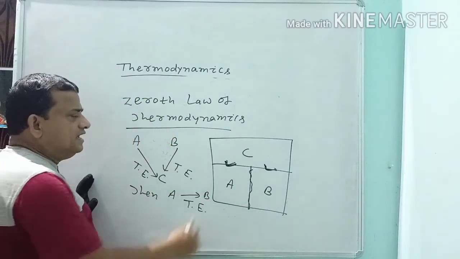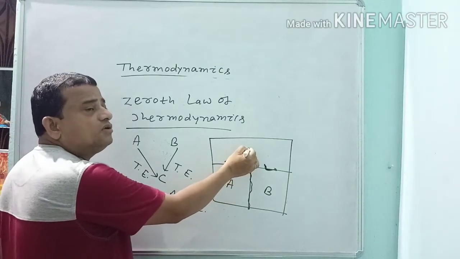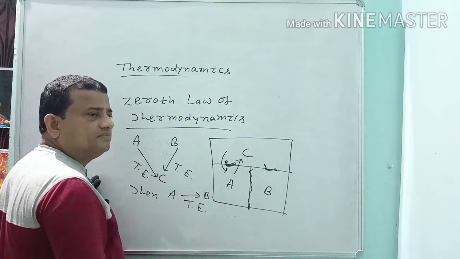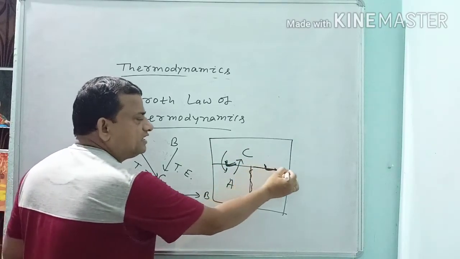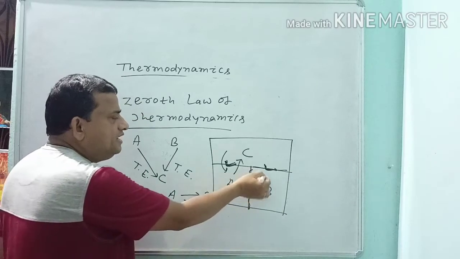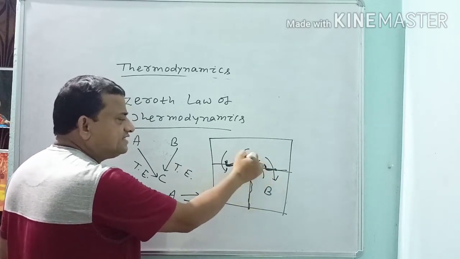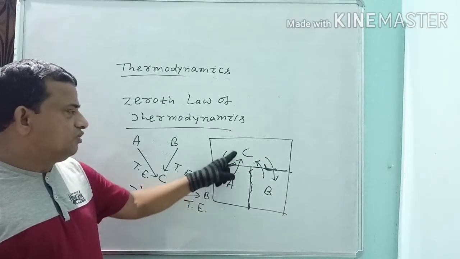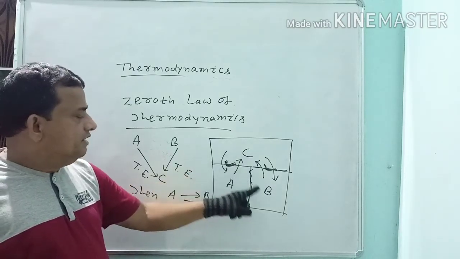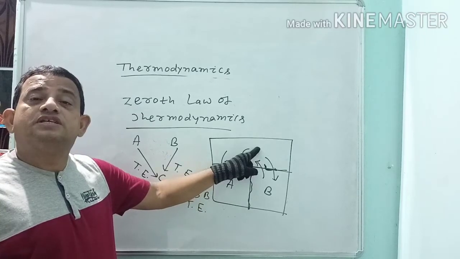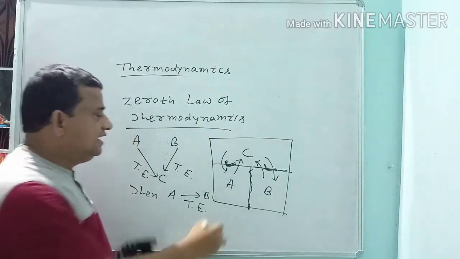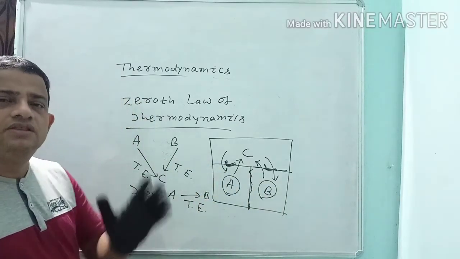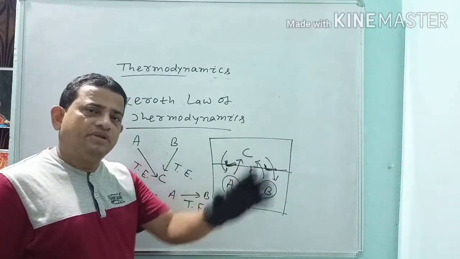So what happens? A is in thermal equilibrium with C because there is heat exchange between A and C through this conducting or diathermic wall. Also there is heat exchange between B and C. If A is in thermal equilibrium with C, and B is in thermal equilibrium with C, then automatically A and B are also in thermal equilibrium.